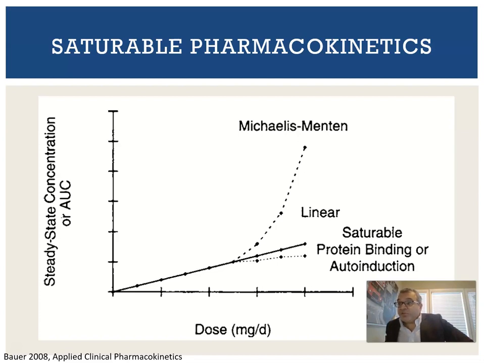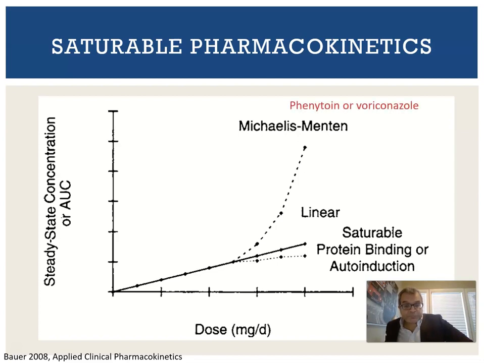The other one is drugs with saturable protein binding or autoinduction of their own metabolism. Examples of those: VALPROIC acid has saturable protein binding. What does this mean? The protein binding gets saturated. So when you give VALPROIC acid, the higher the concentration, the higher the free fraction, and it gives you less than proportional increase of the concentration.